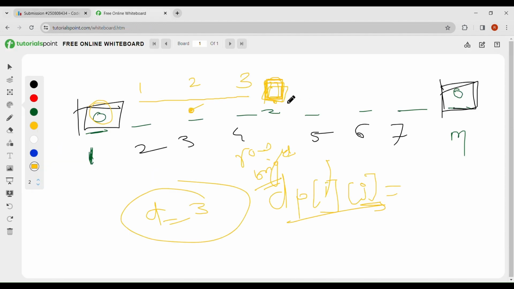Suppose I want to create a bridge at this position, and my d is 3. I know I can construct a column here, but how much minimum summation will I require to construct up to this bridge? So I will go back up to d, like 1, 2, 3, and check how much cost is required to come up to this one.